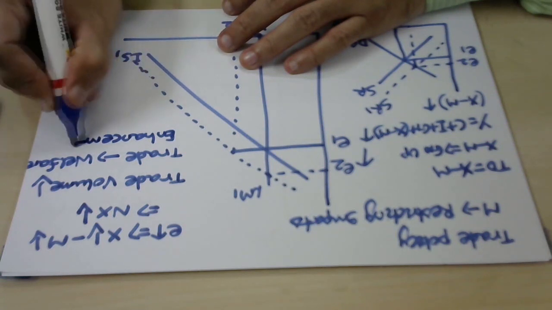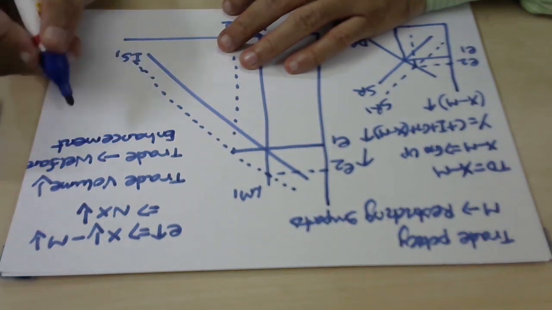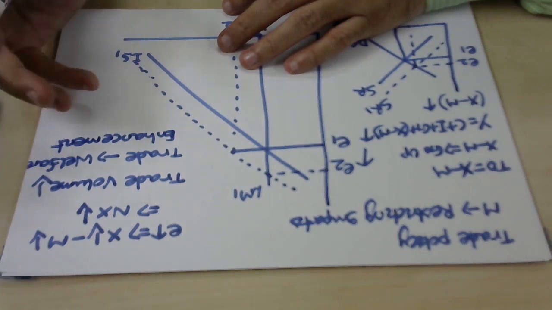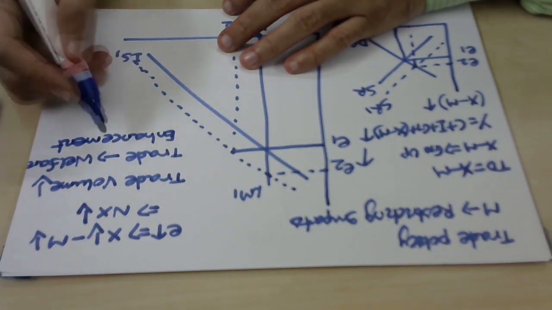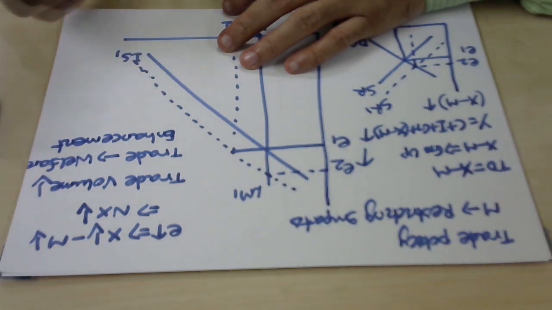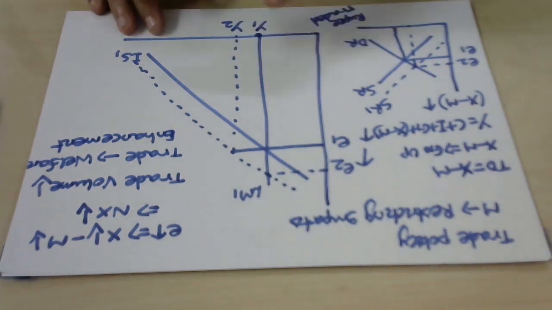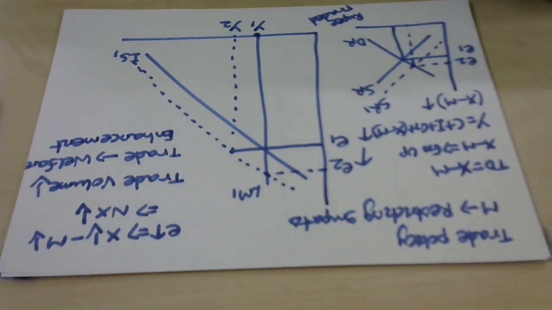Now because of lesser trade, you would find that welfare on account of trade is also relatively less. So what is happening: for some time my import substitution industries may be gaining, but this gain is coming at the expense of the export industries, because the exports are getting adversely impacted.